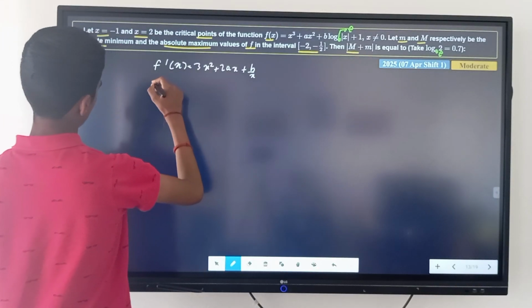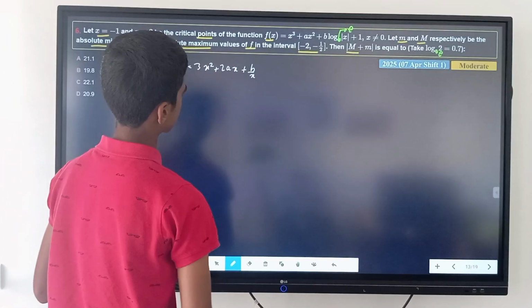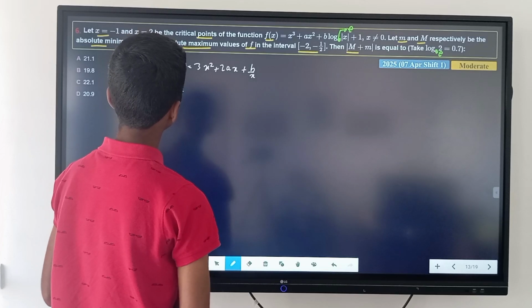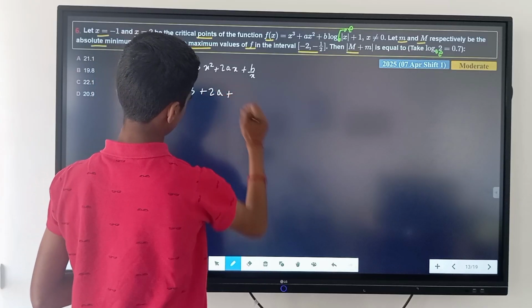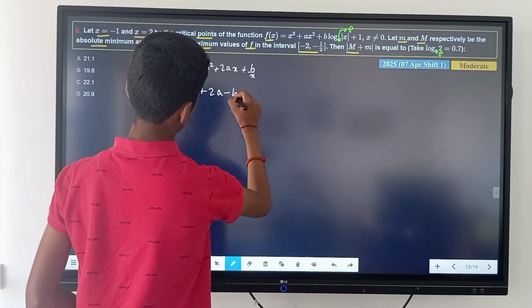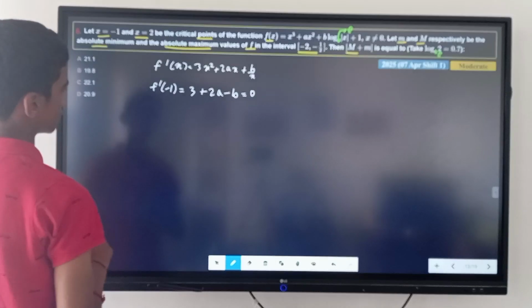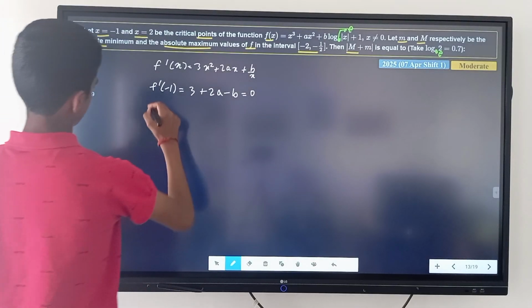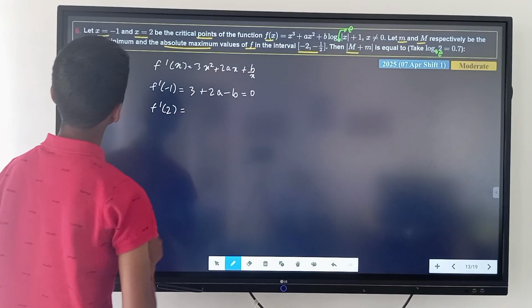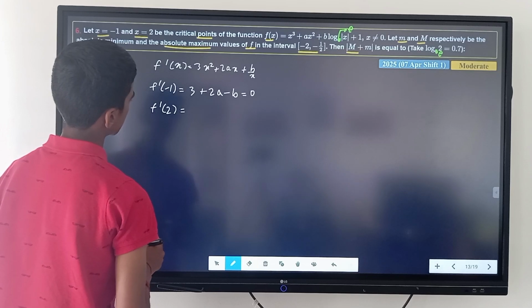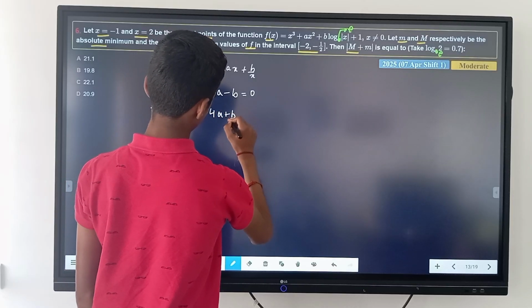Now, f dash of -1 is equal to 3 plus 2a plus minus b is equal to 0, and f dash 2 is equal to 12 plus 4a plus b upon 2 is equal to 0.